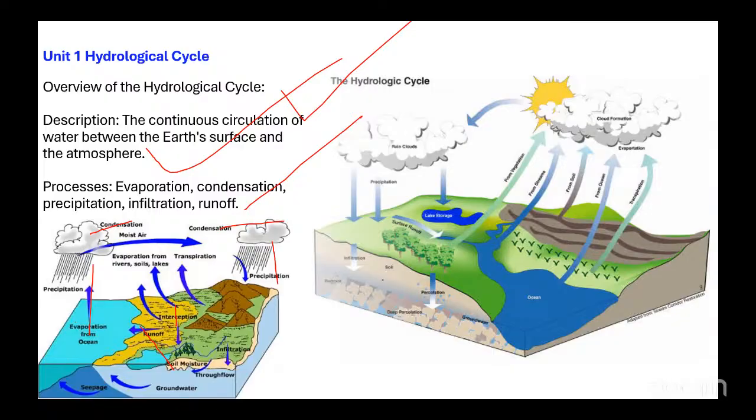This is the complete hydrogeological cycle, covering the five processes. If you are able to remember these keywords, you can write the entire theory question.